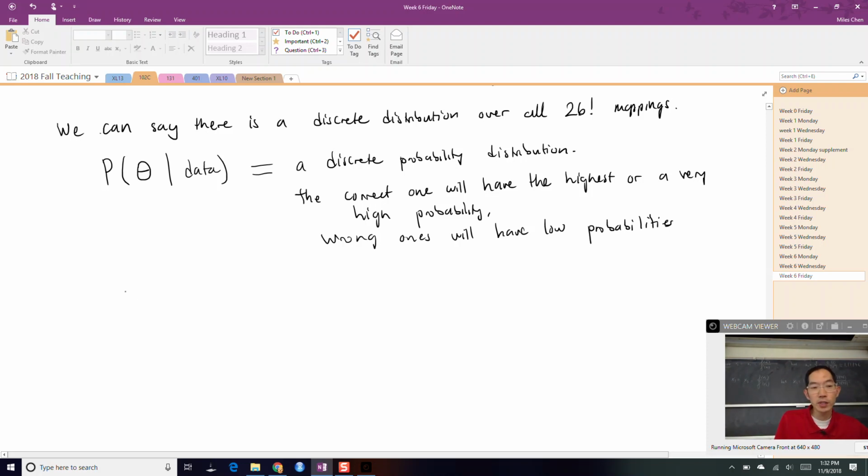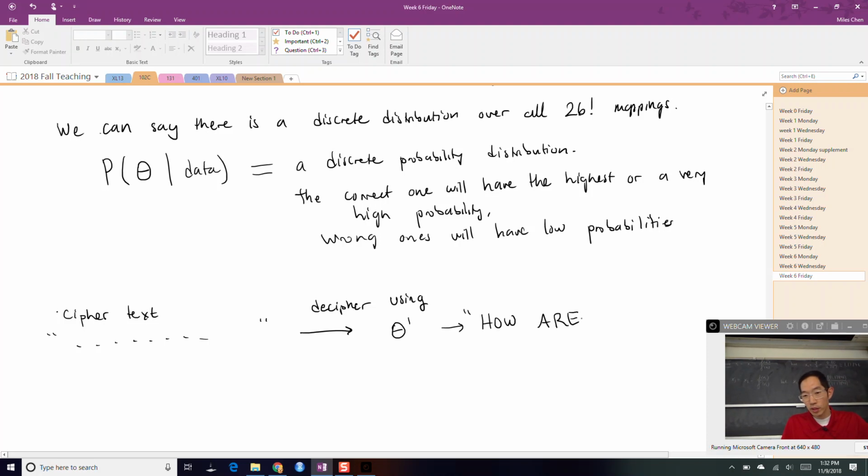So for example, let's say we have some ciphertext, blah, blah, blah, and then when we decipher it using, we'll say theta 1, if this translates to how are you, well, no question, no punctuation.